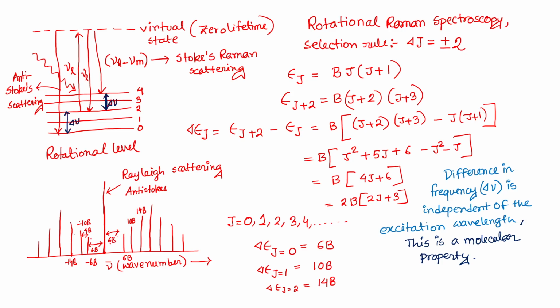So from here you are going to get the information of B, which can be obtained from the spectra.